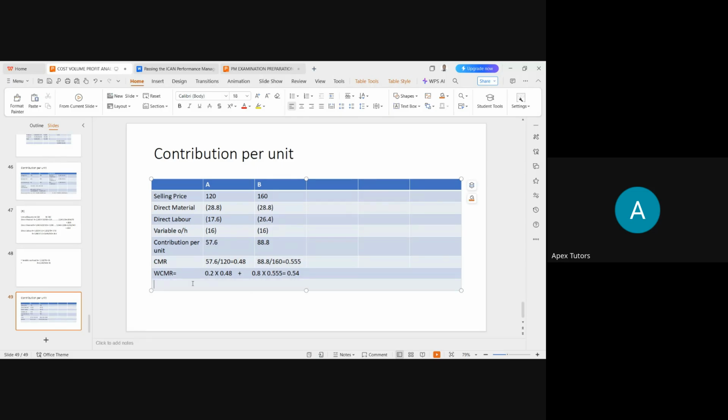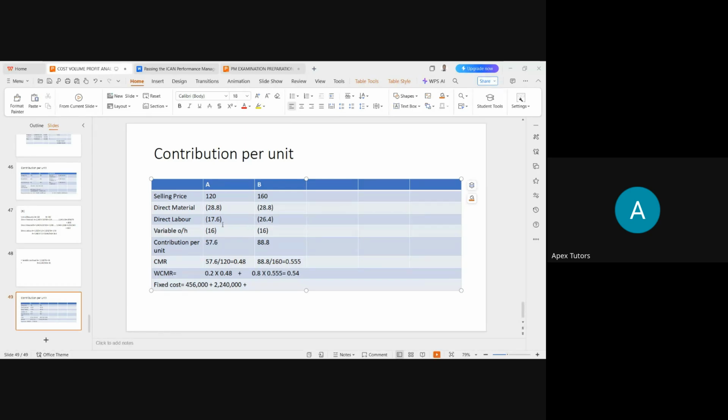The existing fixed costs are 2,240,000 and 8,320,000.